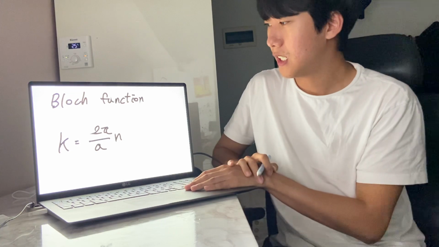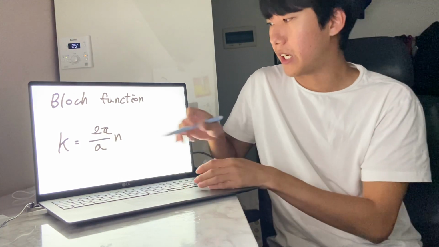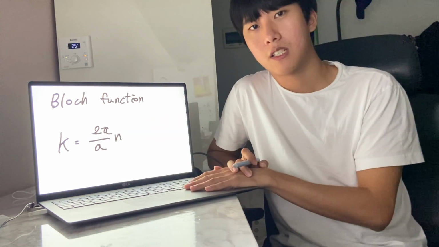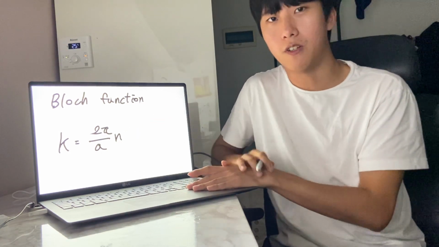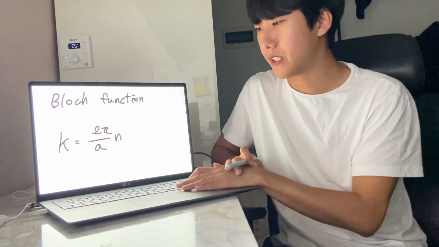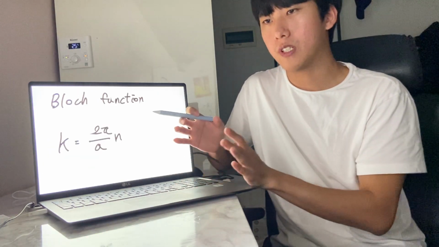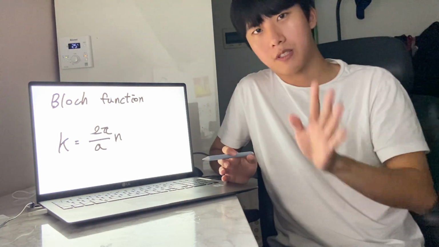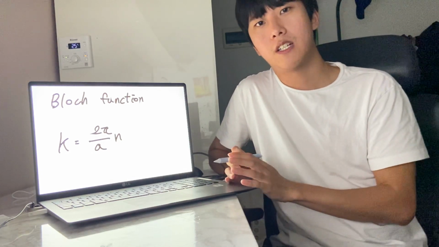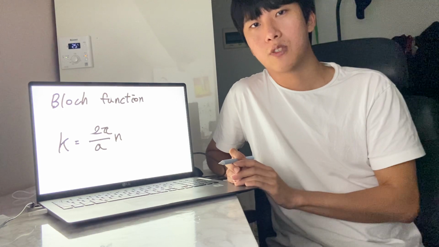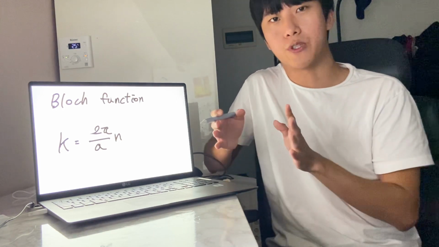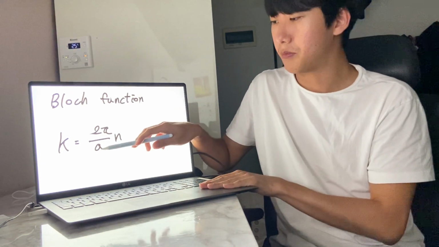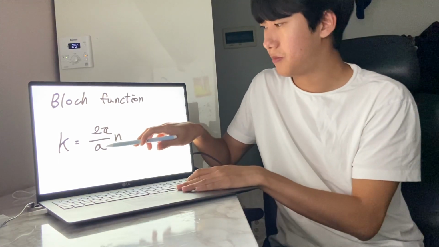By the Bloch function, the spatial frequency K can be described by 2 pi times an integer over A, where A is the period in real space: periodic things have their frequency, wavelength, and period.